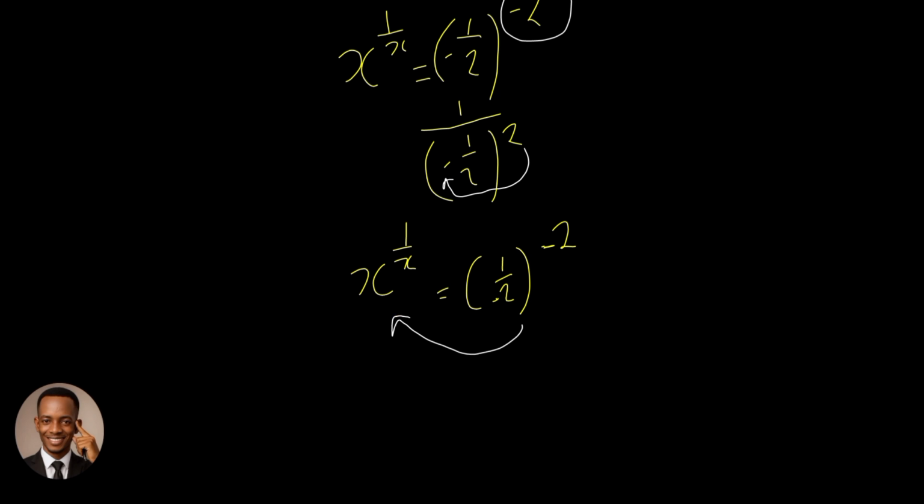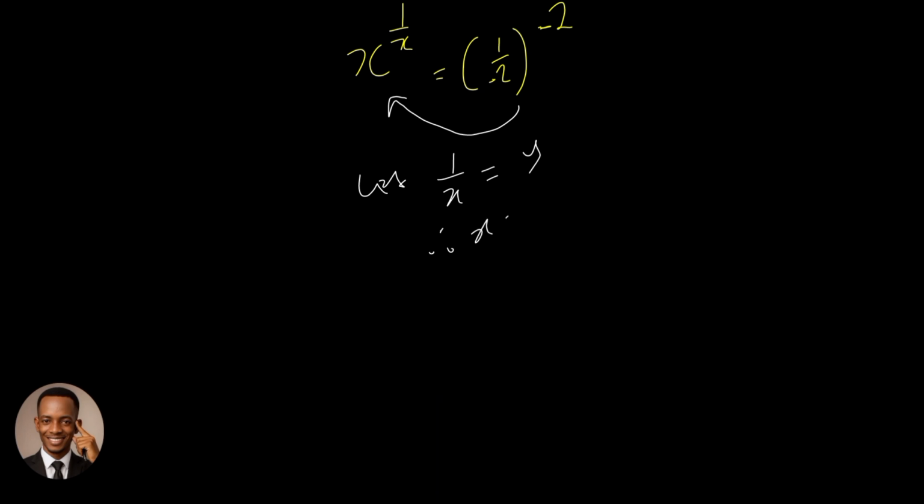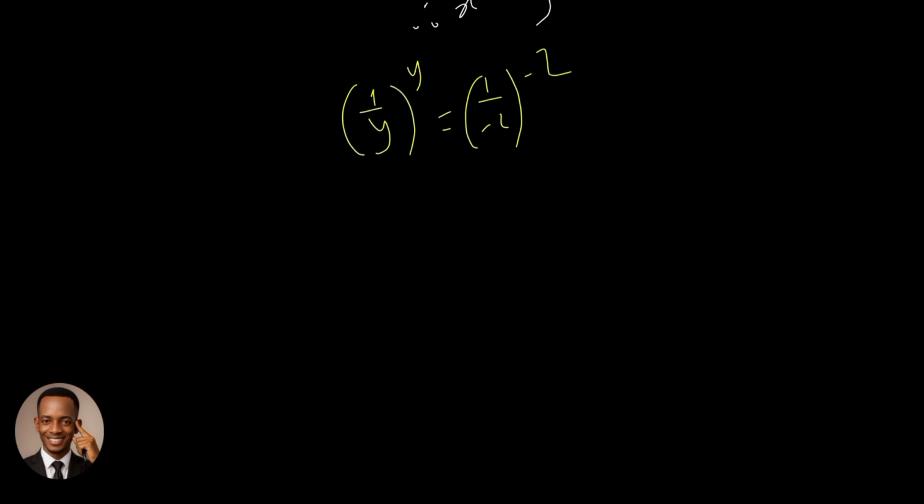For us to clear our doubts, let us just use a simple substitution. Let 1 over x equal y. Then, x will be equal to 1 over y. So let's rewrite this. We have 1 over y, all to the power of y, equals 1 over minus 2 all to the power of minus 2. Now, if you observe this, you see that this equation is exactly the same.